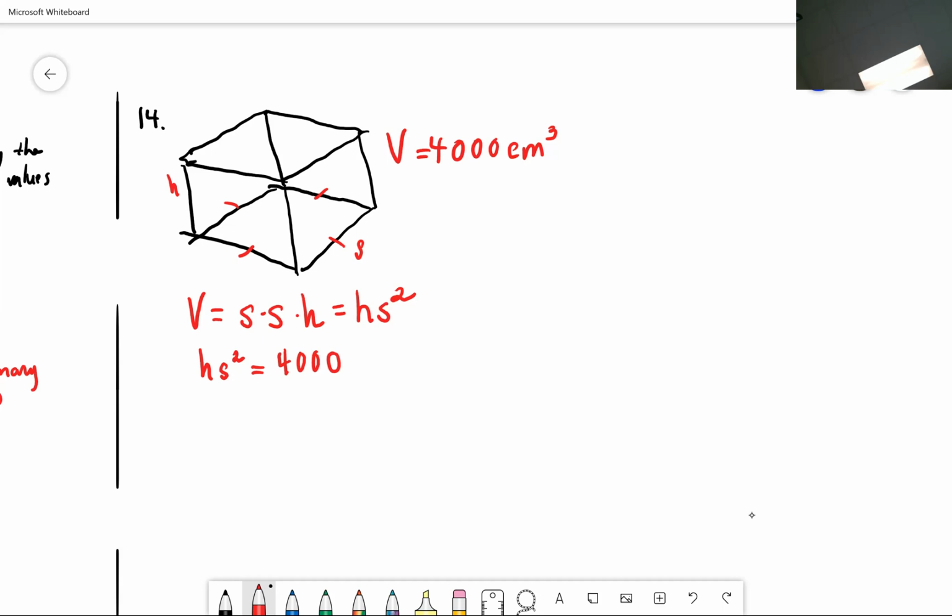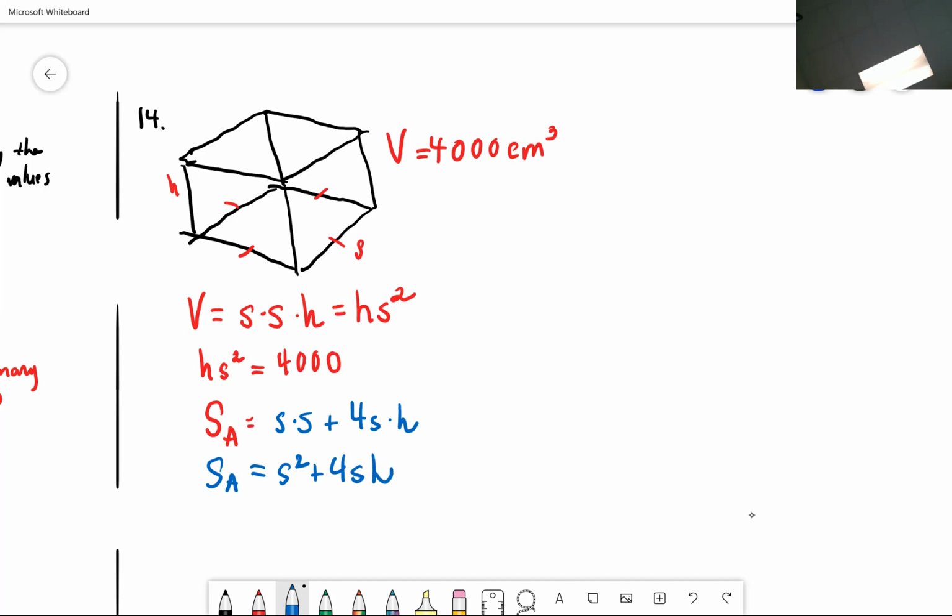So I'm going to say that the surface area of the box is made up of the base, which is S times S, and then we have 1, 2, 3, 4 sides that are S times H. In other words, the surface area is S squared plus 4SH.